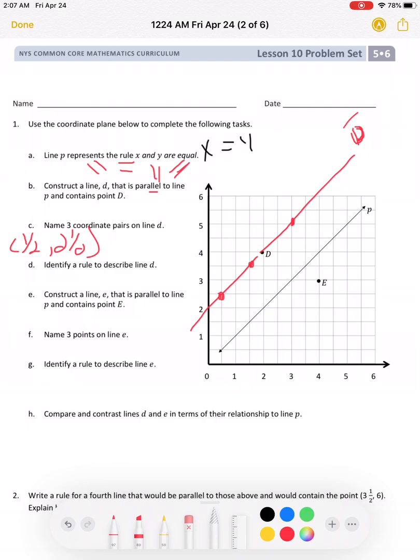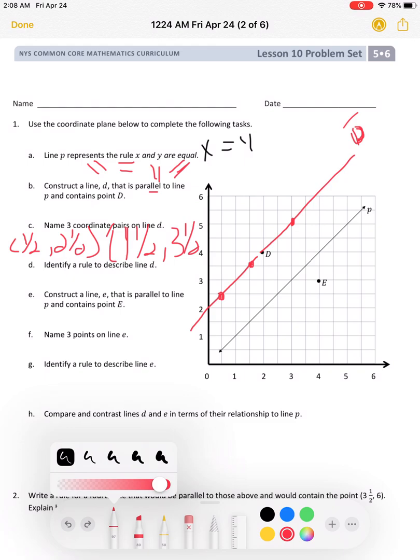On the x-axis, it's on 1 and 1/2, and on the y-axis, 3 and 1/2. So the coordinate pair is (1 and 1/2, 3 and 1/2). Last point: on the x-axis, this is on the value of 3. On the y-axis, 5. So this coordinate pair would be (3, 5). I'm going to write it here.